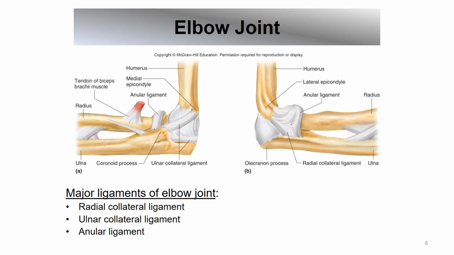Next, the elbow joint. 3 ligaments here. Radial collateral. So this is on the side, more on the radius side. Then the ulnar collateral, again on the side, but more going to the ulnar side. Annular ligament. This one is going around the head of the radius.